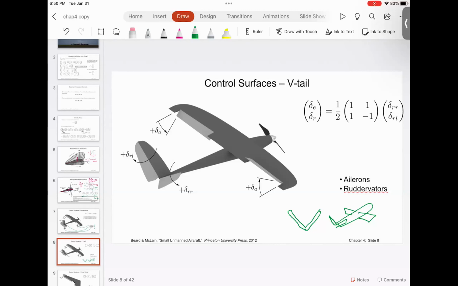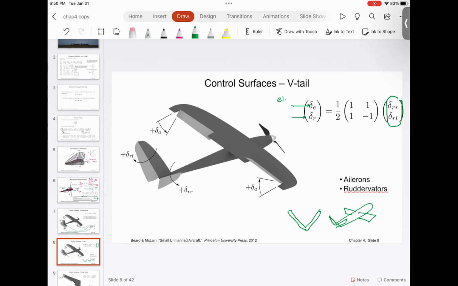For that, I want you to look at this. When both the flaps of the V go in the same direction, you have the effect same as the elevator. When these two flaps go in opposite directions, you have the effect of the rudder.